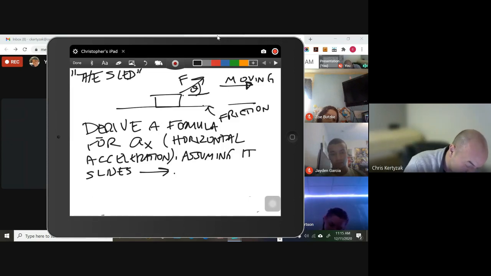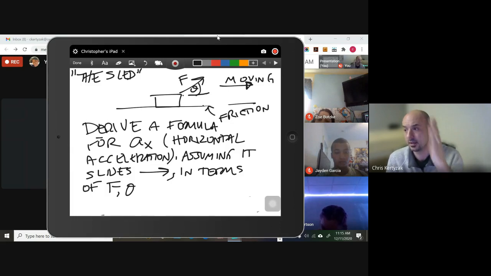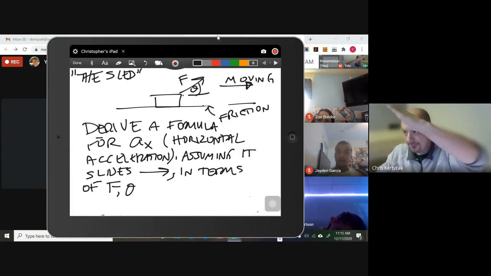Your answer would have to be in terms of the amount of force, F, the magnitude of the pulling force, and what the angle is, because the angle affects it, right? If the rope is pulling at a low angle, Fx is really long.